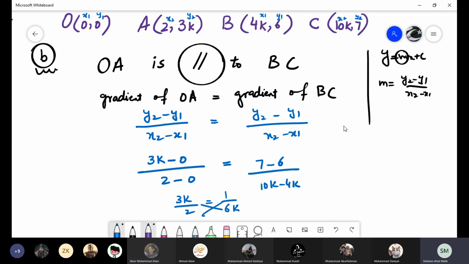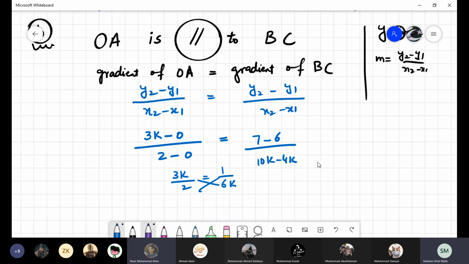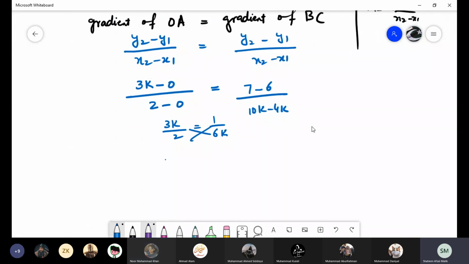Can you do the cross multiplication? When you do the cross multiplication, 3k multiplied by 6k is equal to 1 multiplied by 2. 6 3s are 18, so 18k square is equal to 2. How can you find out the value of k? K square is equal to 2 over 18, which is 1 over 9.